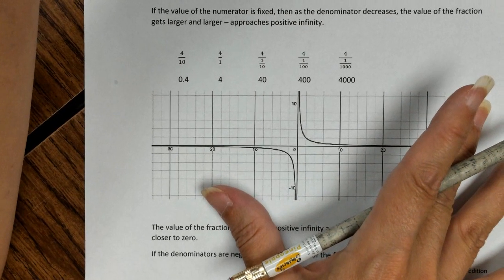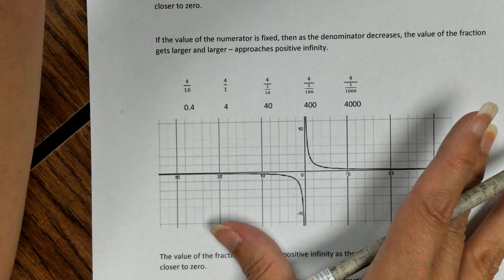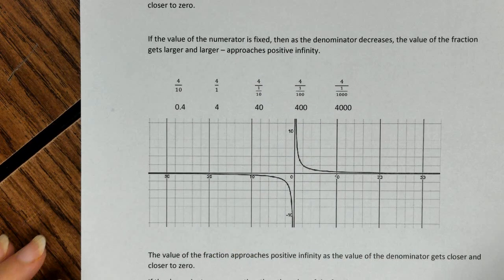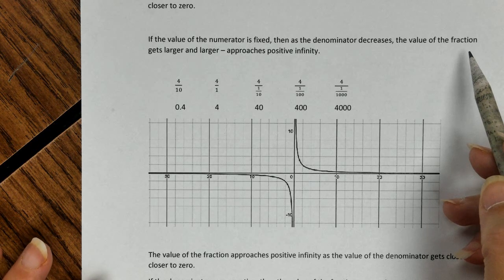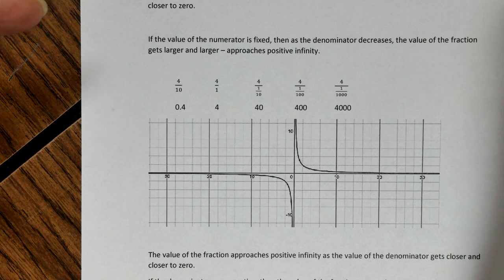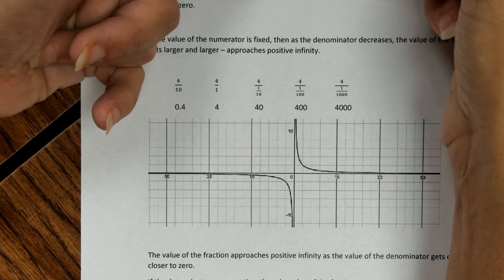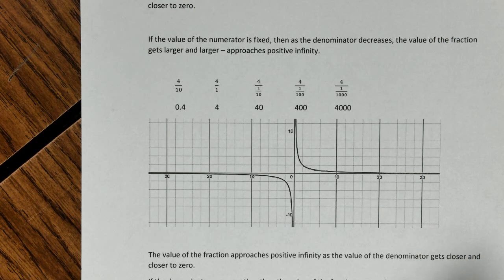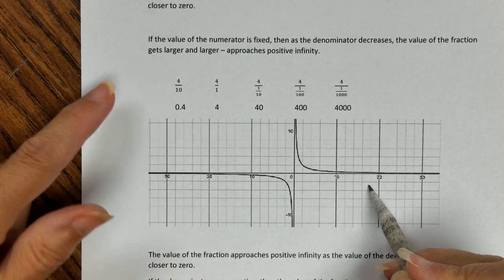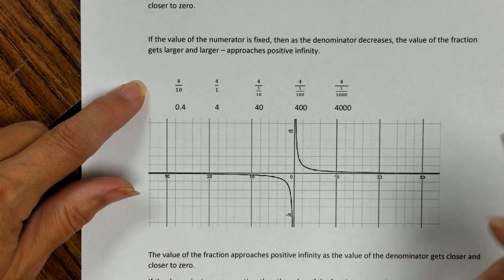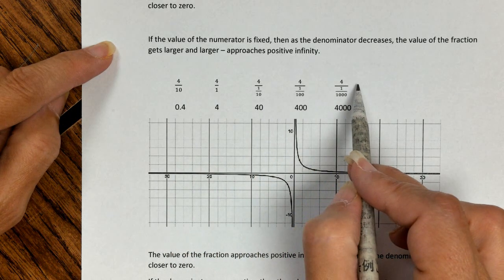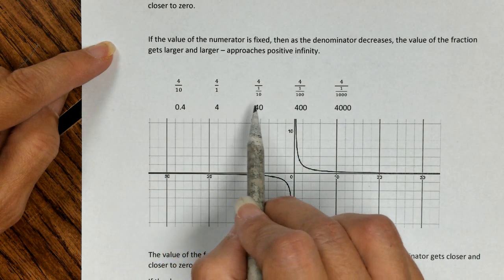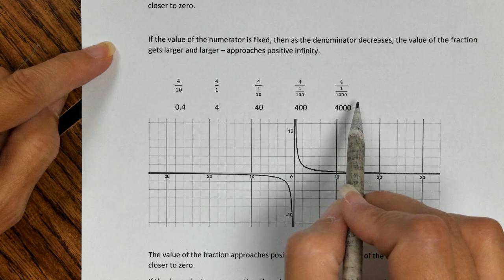Now, if the value of the numerator is fixed, then as the denominator decreases, the value of the fraction gets larger and larger. That top graph is like as you're getting closer and closer to 0, your y is approaching 0. This graph, I'll try to explain better as we're looking at this. We're keeping the numerator the same this time and making the denominator smaller and smaller.